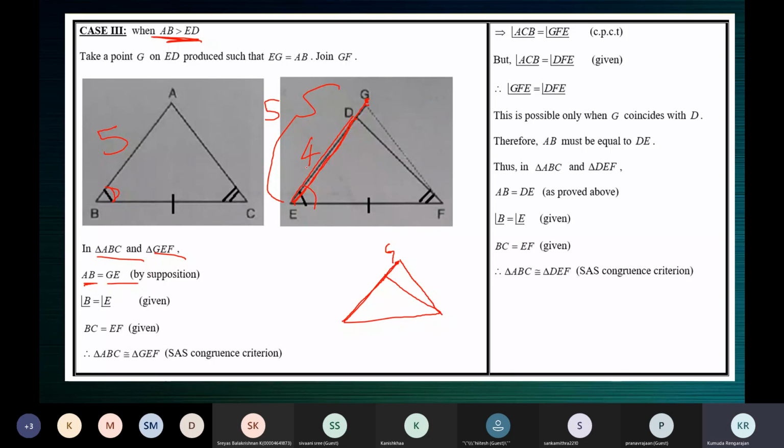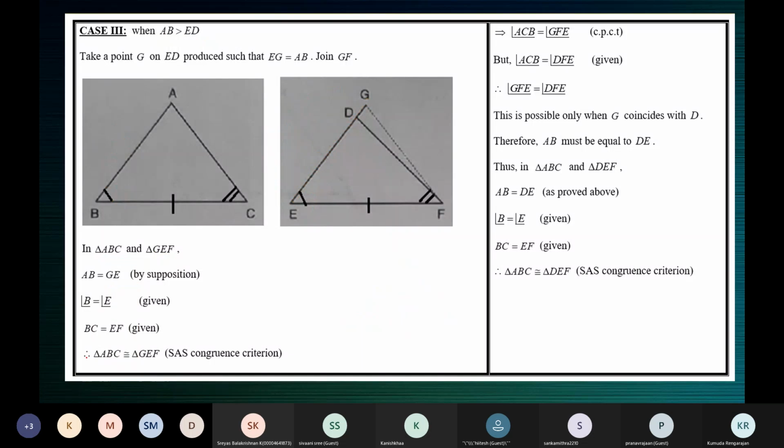This angle doesn't change. It is the same angle in triangle DEF and in GEF. That's given to us. And BC is equal to EF is also given to us.